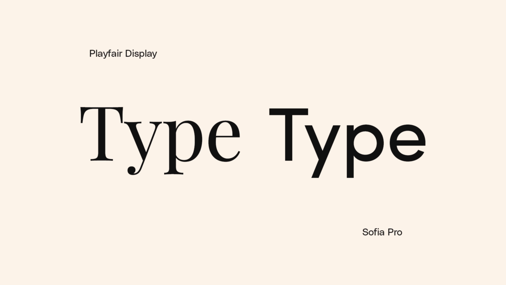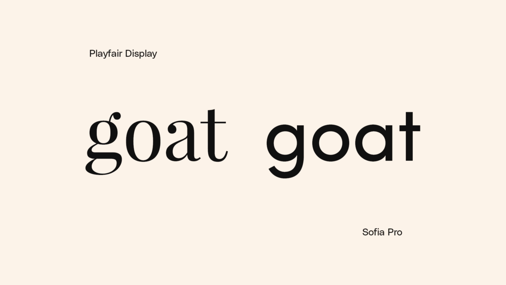If we take Playfair Display and pair it with Sophia Pro, it doesn't work so well. Sophia Pro is a more geometric sans serif typeface, meaning the letters resemble basic geometric shapes like circles, squares, etc. Sophia Pro also has a smaller X height than Playfair Display. And the letter shapes are also different. Look at the lowercase o, a, and g.